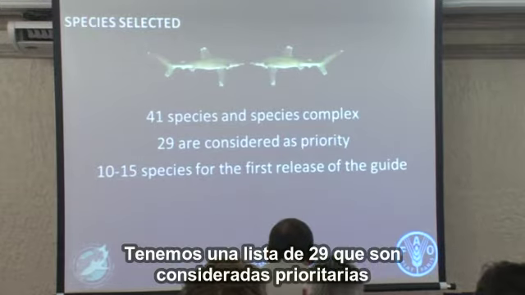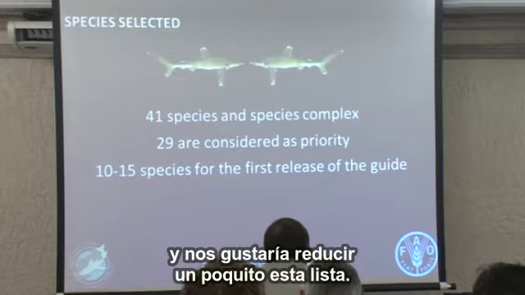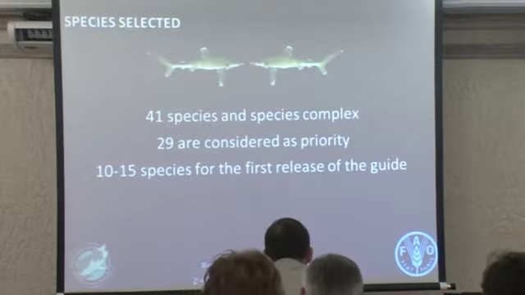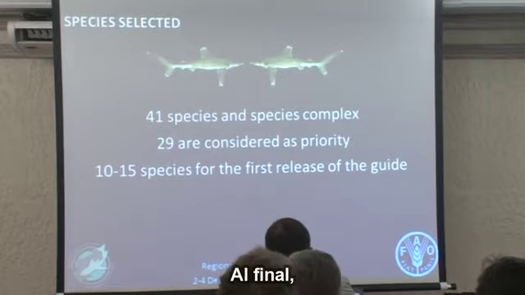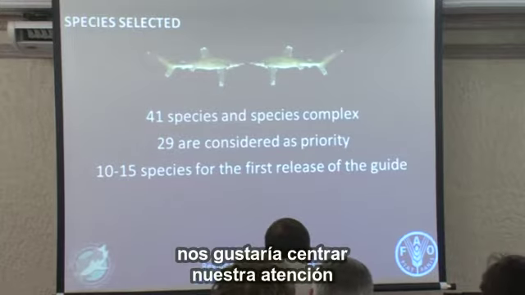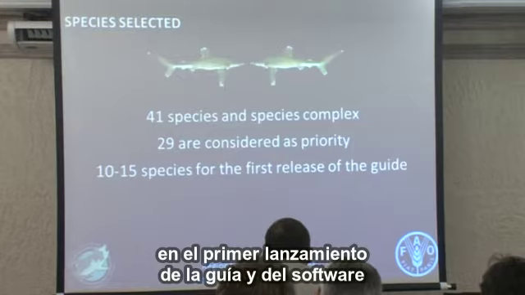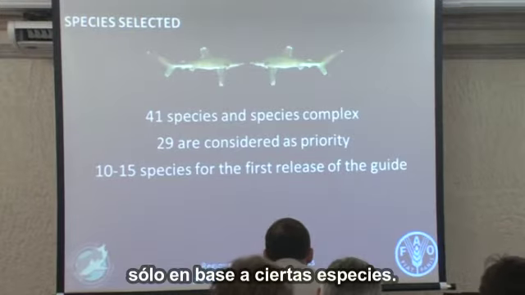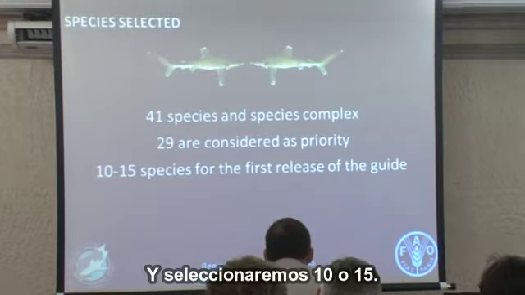Now we have a list of 29 priority species, because we would like to reduce this list a bit. At the end we will have, I hope, all the list of the species, but in the beginning we would like to concentrate our attention for a first release of the guide and the software only on certain species.